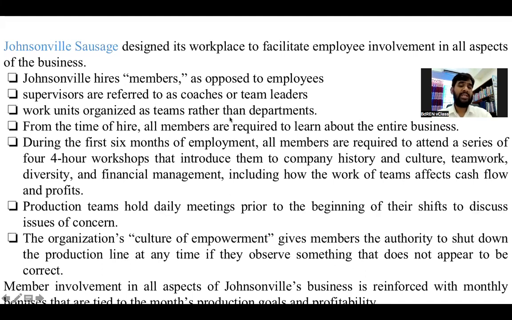Work units are organized as teams rather than departments. In many organizations today, they do not create separate departments; rather they create teams, a marketing team, a human resource team. What is the difference from a department? The difference is that they work together in a high performance work system. If you can remember the definition of a high performance work system: although you have a marketing degree, maybe you are making decisions on finance.